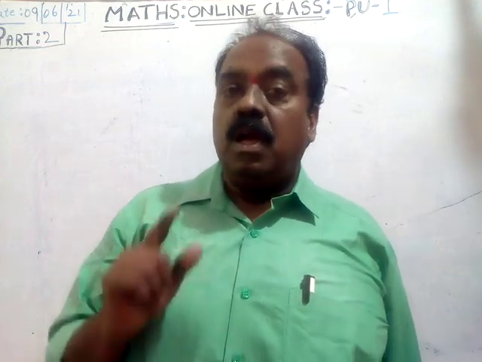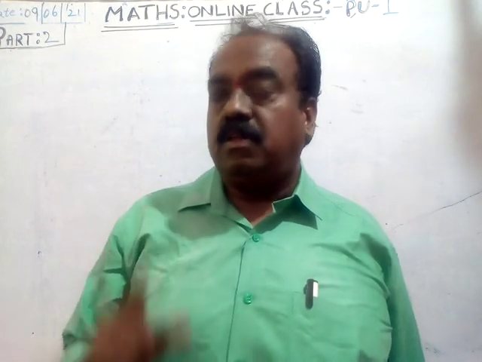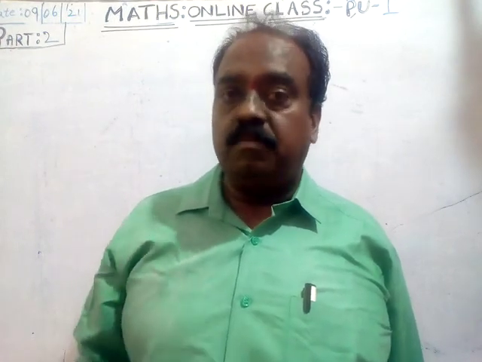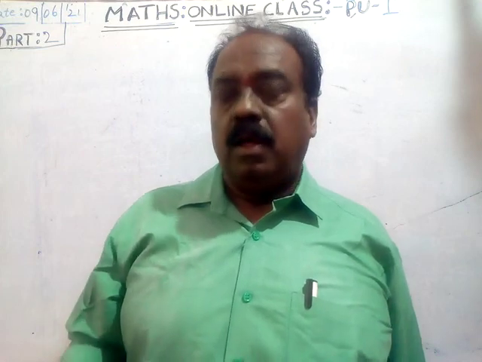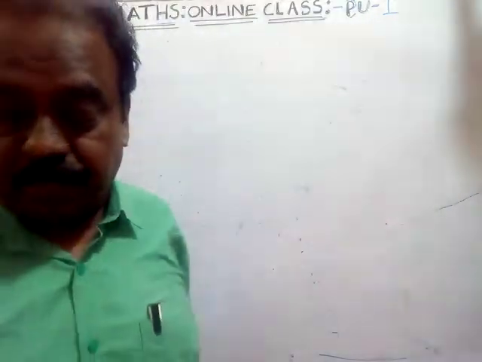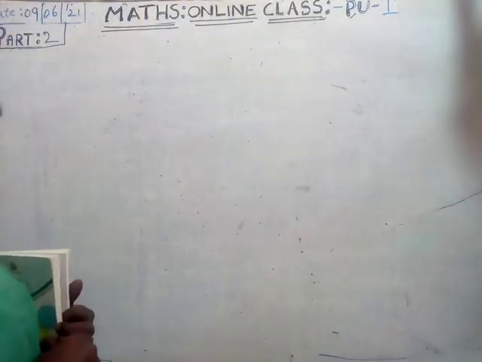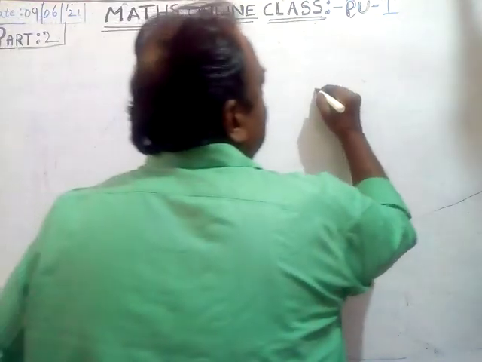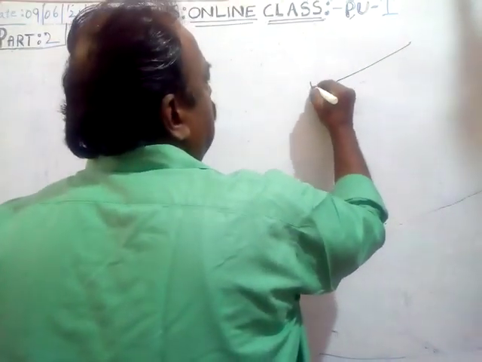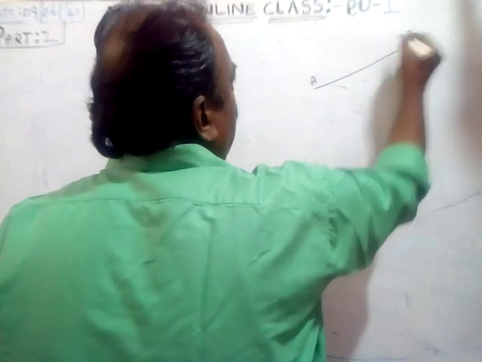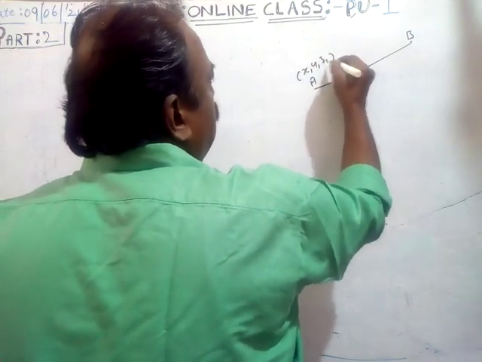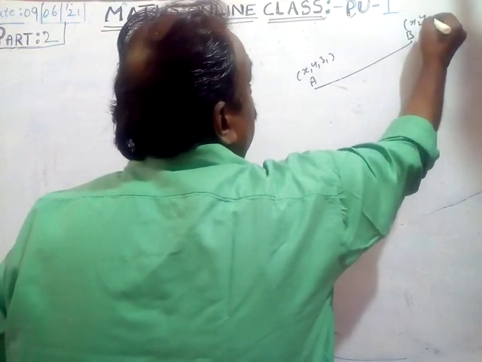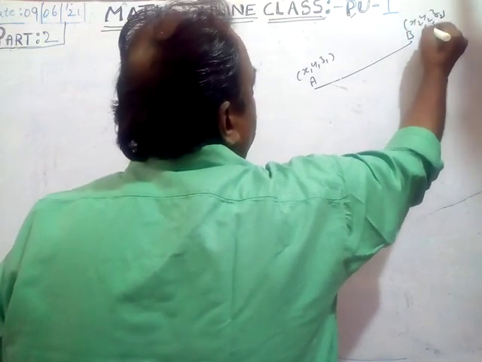Before that, I taught one theorem that is important in the board exam, in the theory exam. That is the section rule. Now observe me. Suppose there are 2 points, (x1, y1, z1) and (x2, y2, z2).